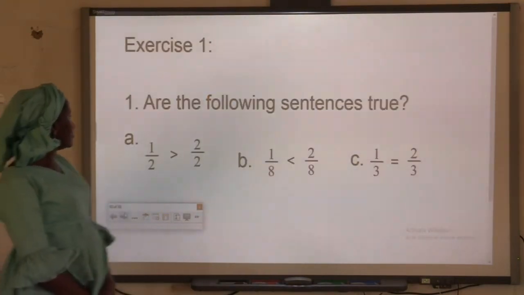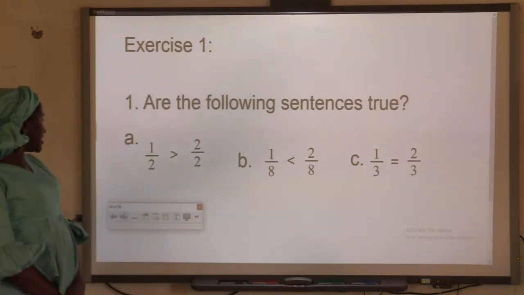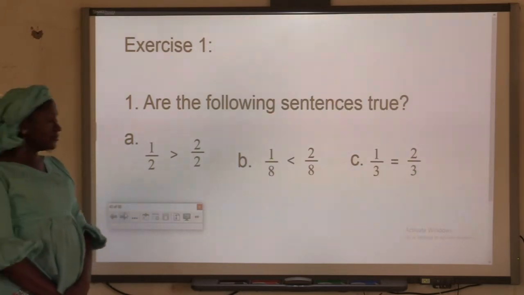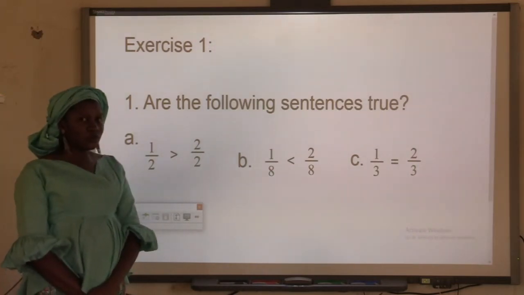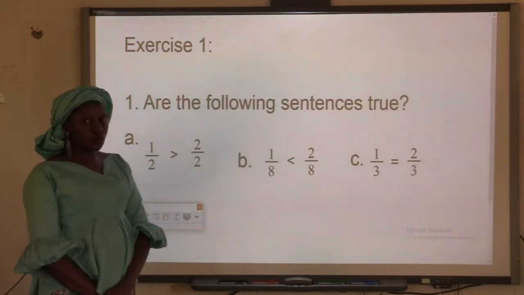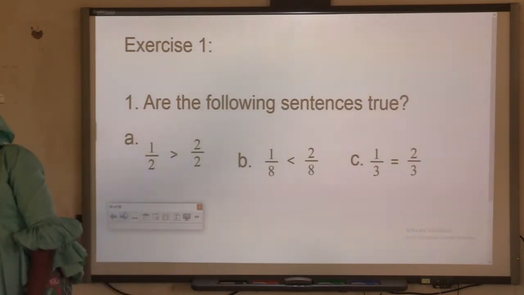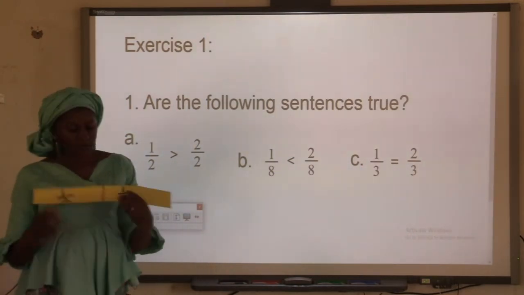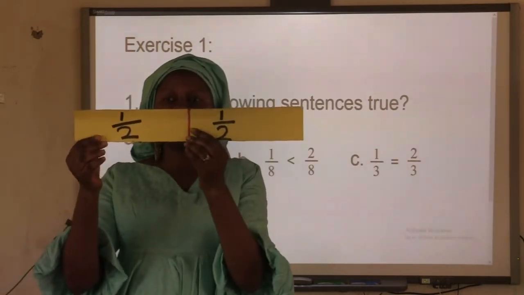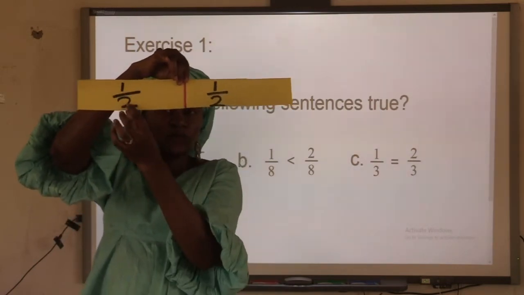Number 1. Are the following sentences true? A: half is greater than 2 over 2. By looking at this chart, here we are at half, that is 1 over 2.